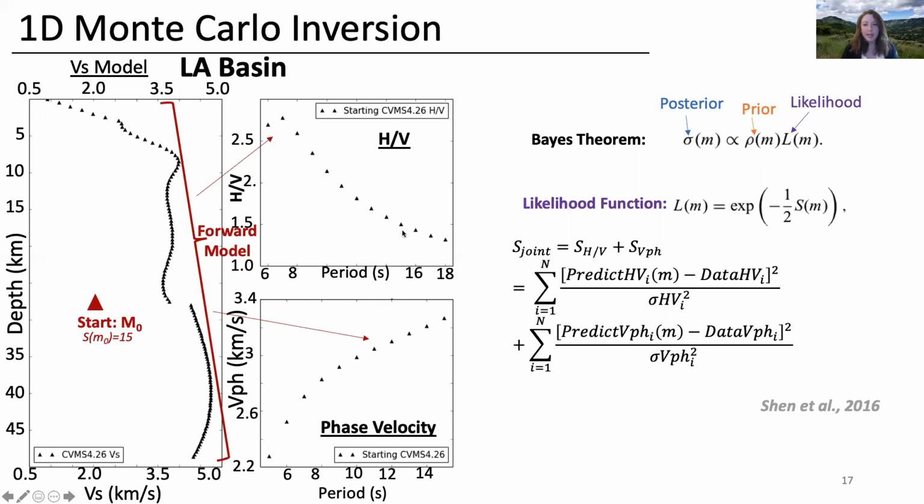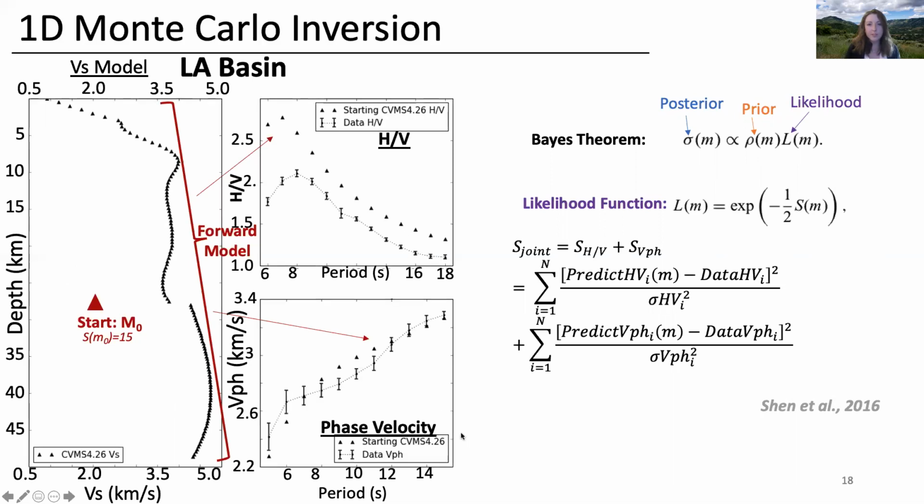Note that these are all black triangles. Our actual data is shown as black circles and bars, with the bars denoting uncertainty. Next, we calculate misfit of our prediction to the data, and the combined misfit, which is a value of 15, is given as the equation S and input into that likelihood function.